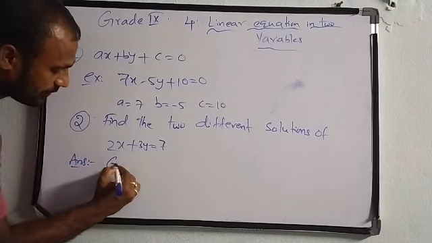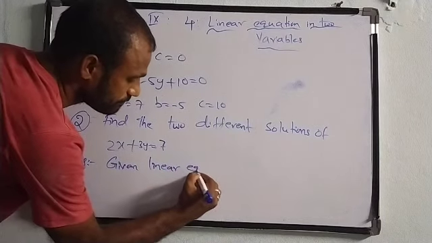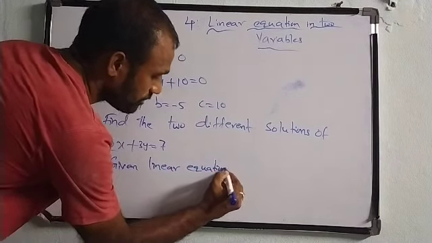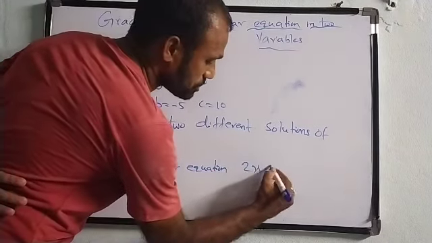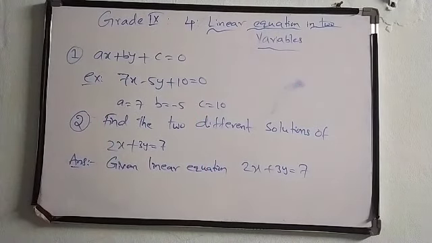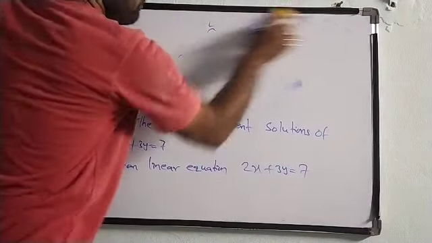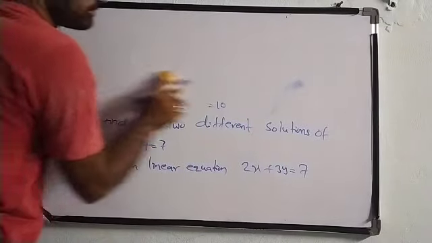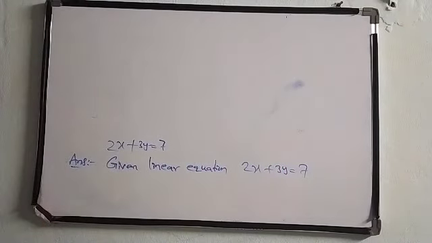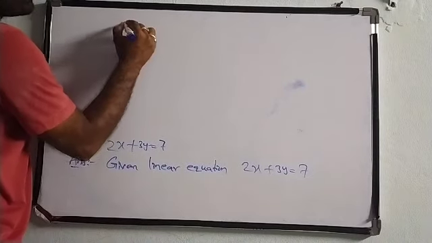Answer: given linear equation. The given linear equation is 2x plus 3y equals to 7. Let me write this linear equation in standard form.